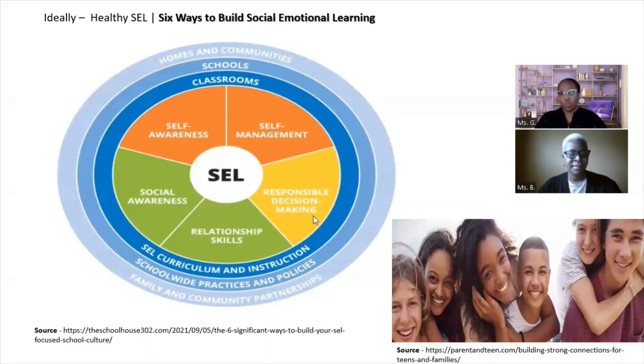You have schools and school-wide practices. You have educators, of course, that fall within that. And then you have the home and the community. And so the idea is, as the child is engaged in learning, all these components should be in play to help foster and develop social emotional learning.